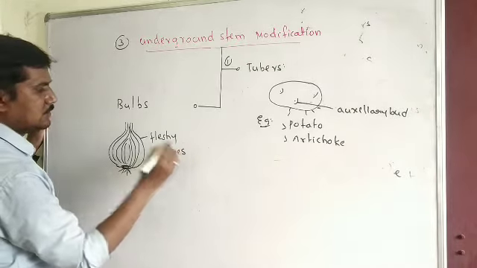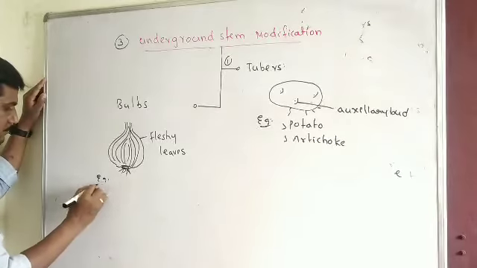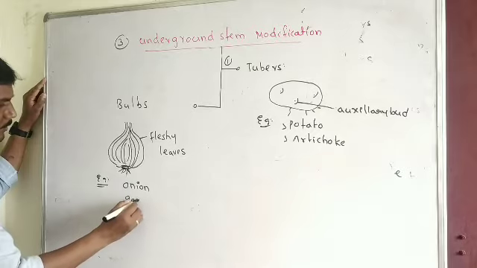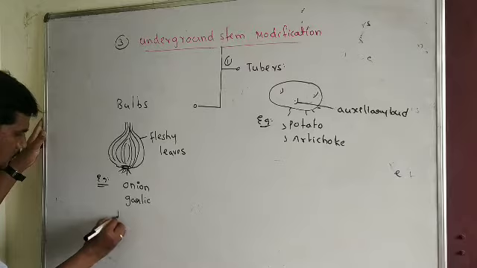Examples for the bulbs: onion and garlic.